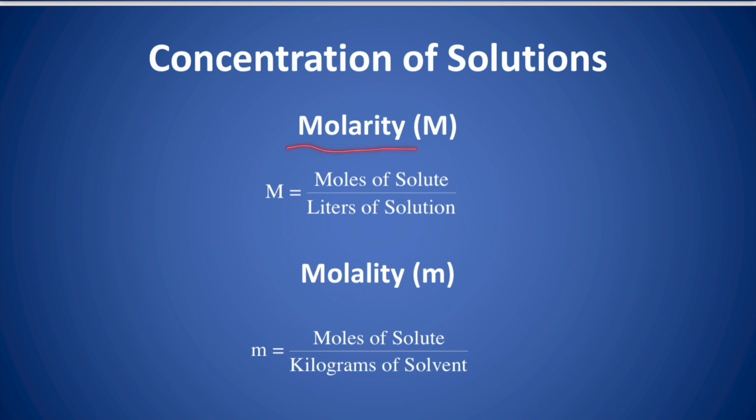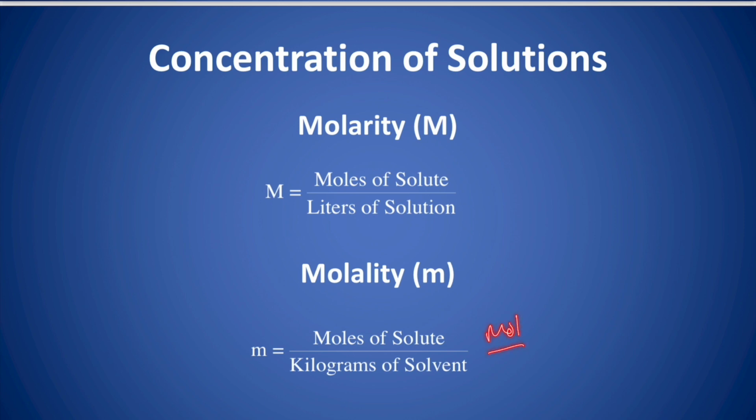So molarity, big M, is the moles of your solute divided by liters of solution. So moles over liters. Molality, little m, is also your moles of solute, but this time divided by kilograms of solvent.